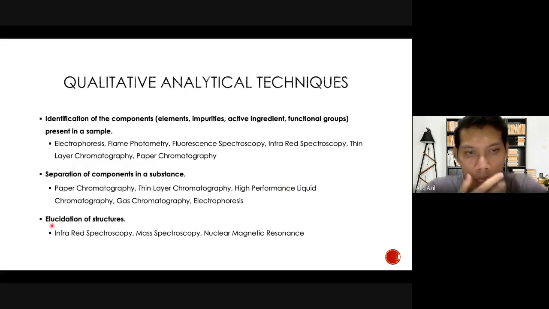And then elucidation of structures. So the word elucidation is actually you want to determine the structures of the compound.